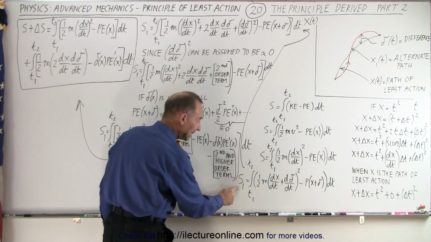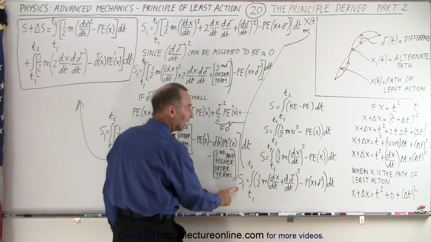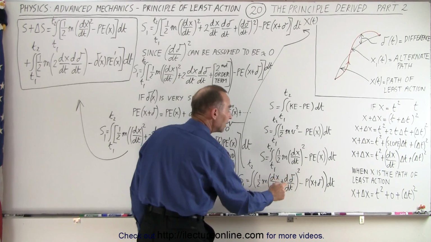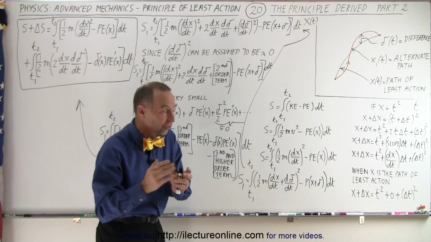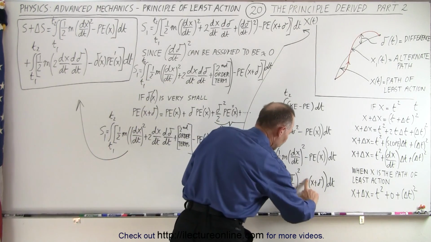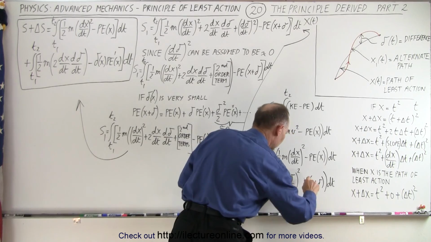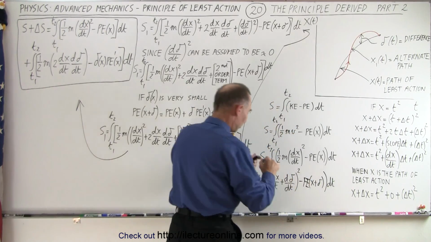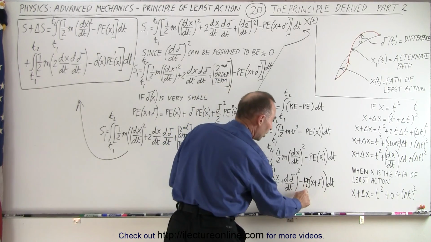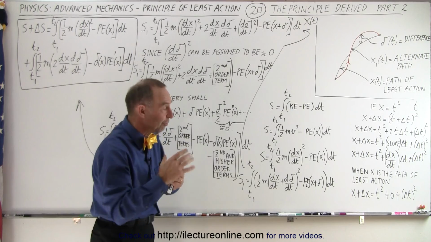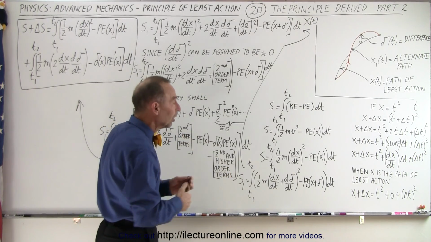So when we calculate the action of the alternate path, instead of dx/dt, we have dx/dt plus d delta/dt, a small change in the velocity caused by taking a different path. And this should be the potential energy right here. So here we take the potential energy of x plus delta, a slight deviation from the path, so we have an additional delta.